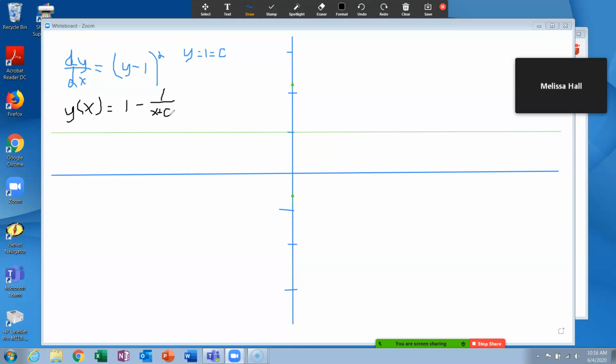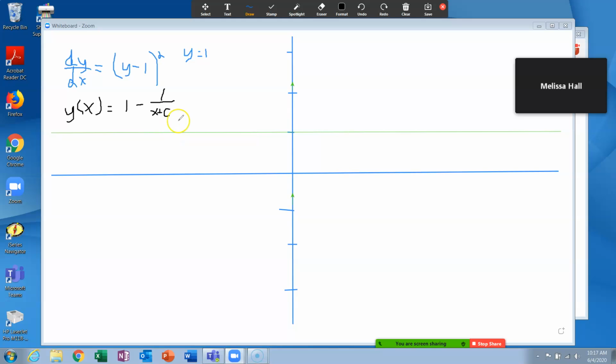Now here is another gripe of mine. And it's probably my fault, but on the previous page, they called that C. Now let's not call it C, because now they're going to use C to represent the arbitrary constant here.